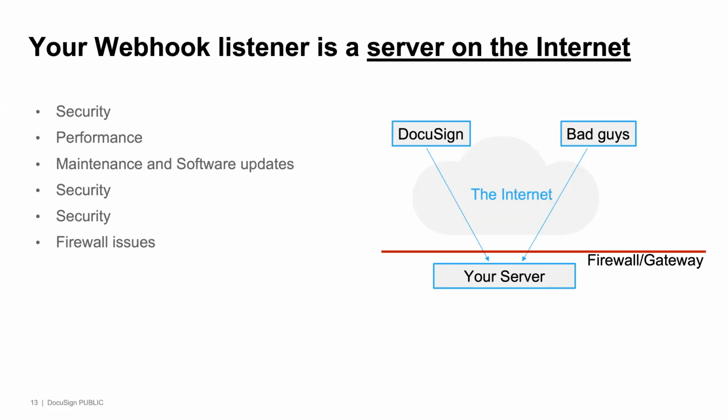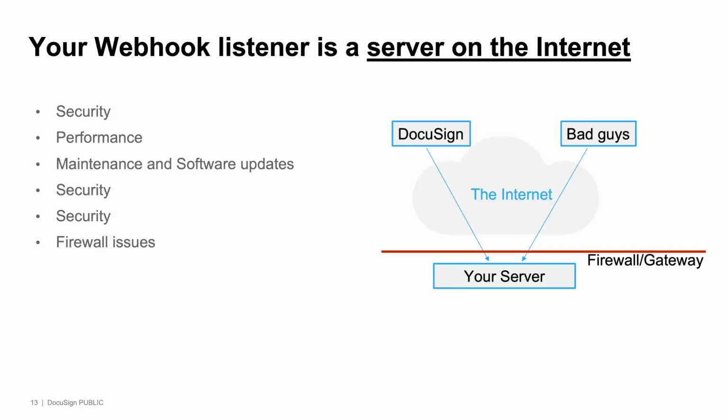Now, an additional issue is performance. DocuSign is what we call a big performance system at this point. Especially as your envelope volume increases, DocuSign can pump a lot of notifications at your server very rapidly, and you want to be prepared for that.